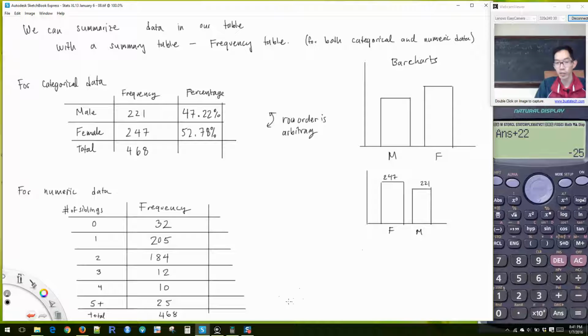Okay. On the other hand, over here, we have a histogram for the numeric data. And I'm just kind of eyeballing these numbers, so don't hold me to it, okay?